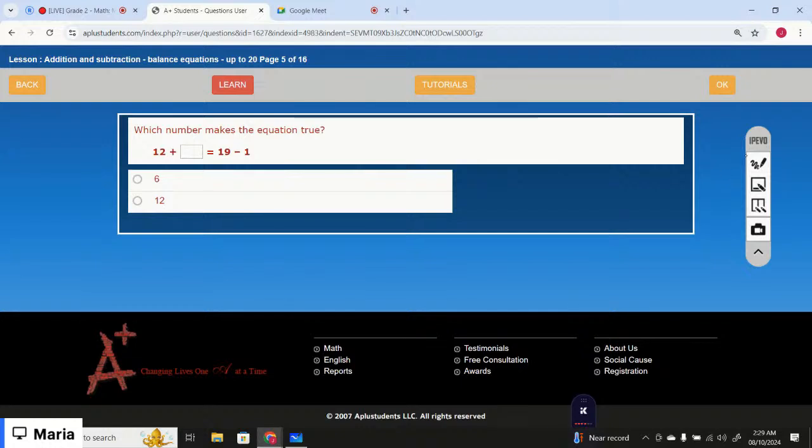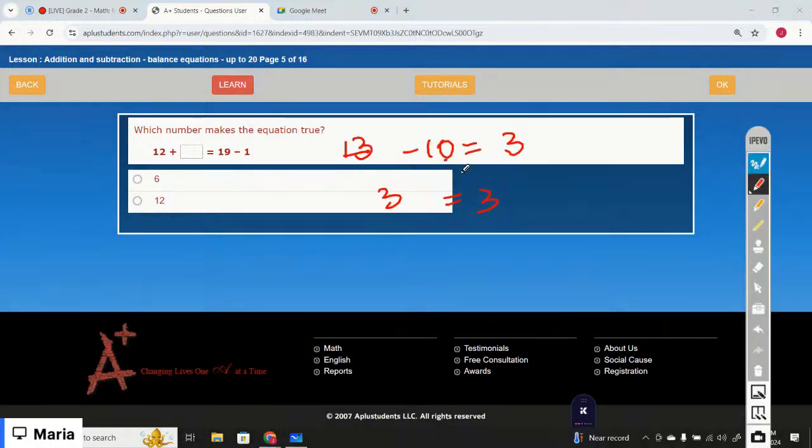Which number makes the equation true? That is 12 plus the missing number equals 19 take away 1. 19 take away 1 is 18. Now you need to see which number you have to add to 12 to make it 18.